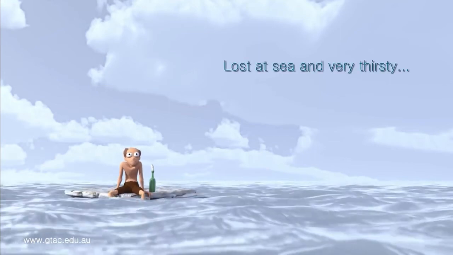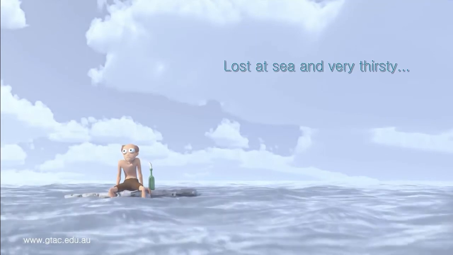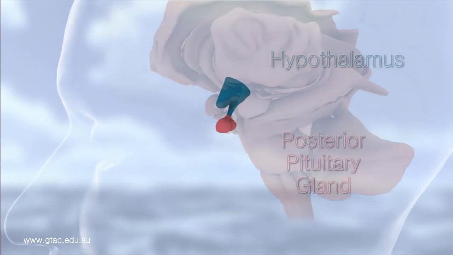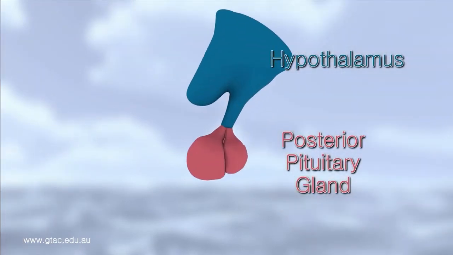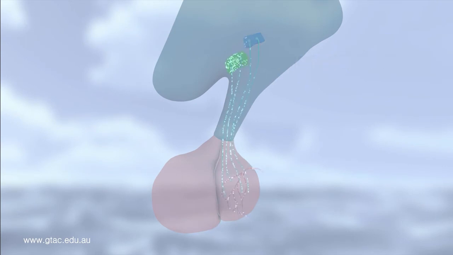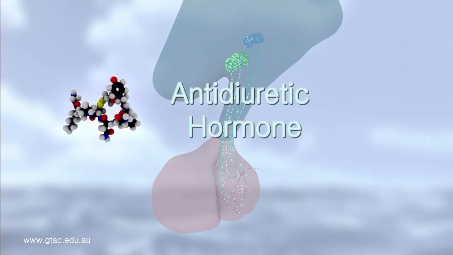What happens in your body when you start getting dehydrated? Water levels in the blood decrease, and this is detected by receptors on cells in the hypothalamus. These receptors are called osmoreceptors. In response, the cells secrete the signalling molecule antidiuretic hormone, or ADH.